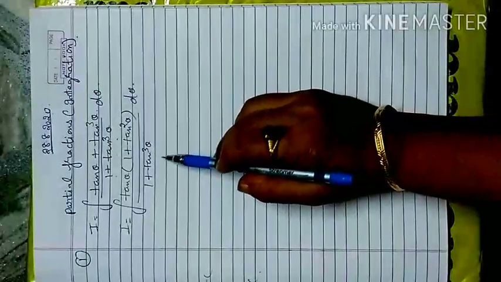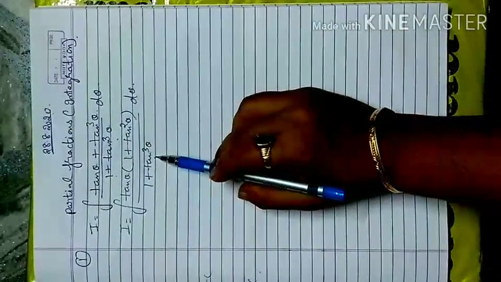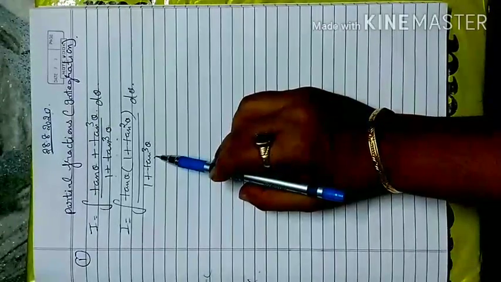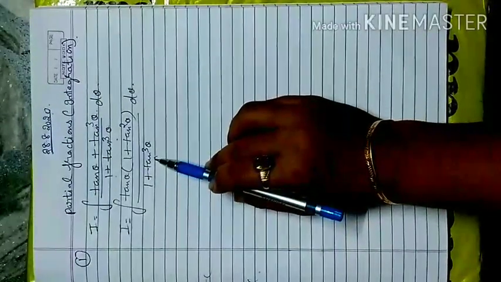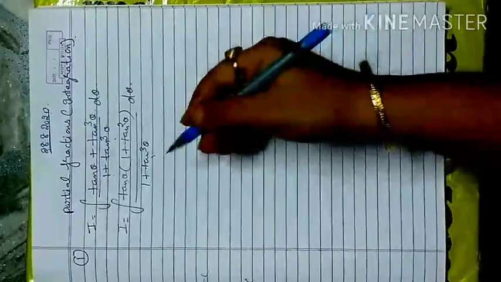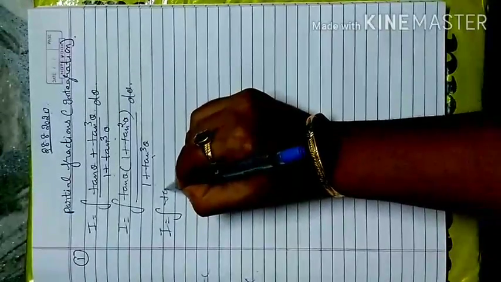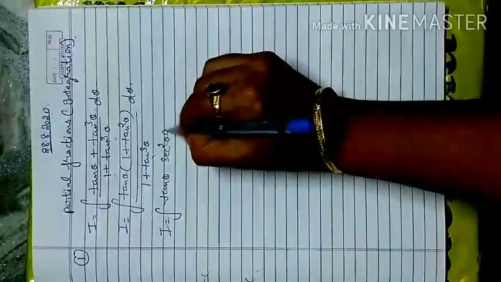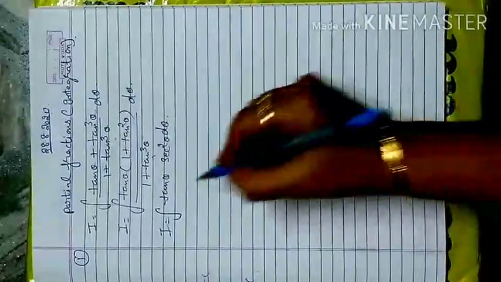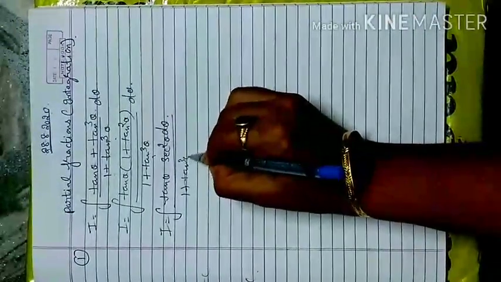Here we can't consider it directly as tan theta; if you want to, it is up to you, but ultimately you have to apply the a cube plus b cube formula in the denominator. So here we have tan theta, and 1 plus tan square theta is secant square theta d theta, over 1 plus tan cube theta.